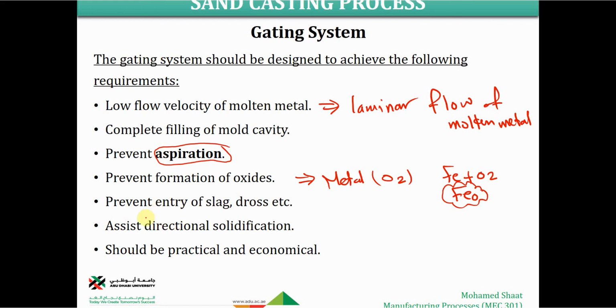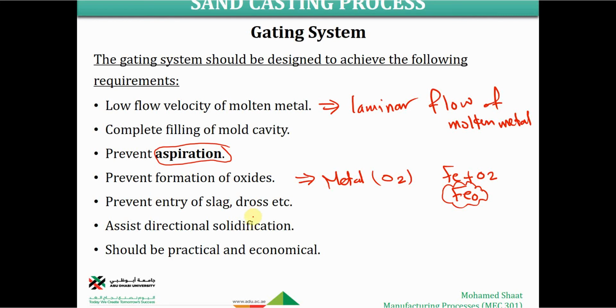Also, the gating system should be designed to prevent the entry of slags or dross or dirt or impurities inside the mold cavities. We would like to allow only the pure metal to fill the mold cavity. So any slag, any dross, any dirt is not allowed to come in or fill into the mold cavity.